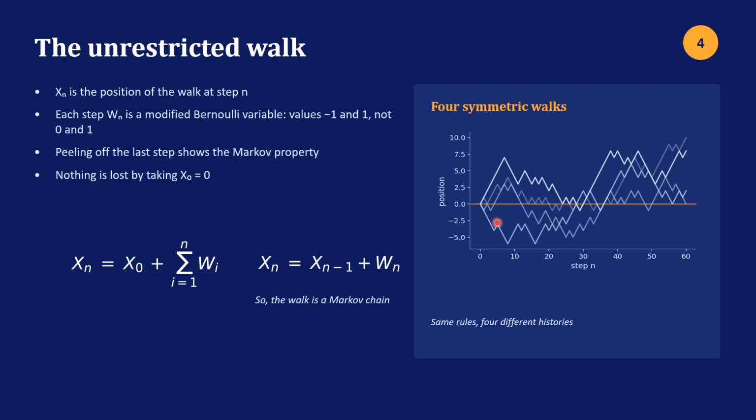These other two kind of go down a bit, and then they come closer to 0. So you would expect if you let this run longer and longer that the expected value for x sub n would be 0, and this, in fact, we can show, but this is just a simulation over 60 steps.